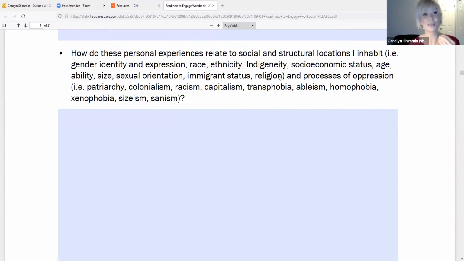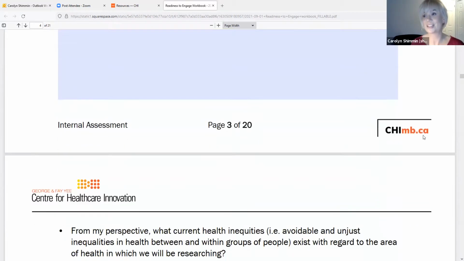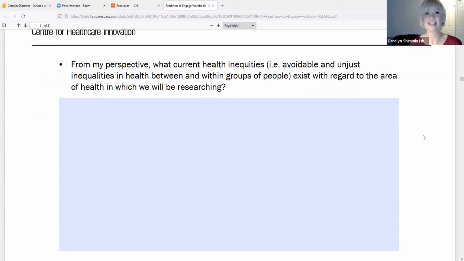And this is for both health researchers, but also for people with lived experience on the team, because it's important that everyone does this critical reflexive practice.